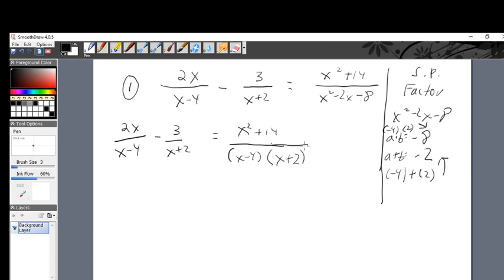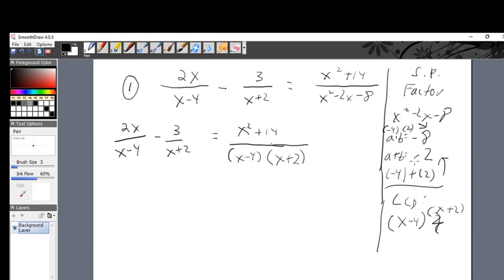Now, what is the lowest common denominator of all these? We don't have to take anything twice. So our LCD is going to be x minus 4, which appears twice, and we only take one copy of it. And the other one is going to be x plus 2, which appears twice. So this is x minus 4 and x plus 2.